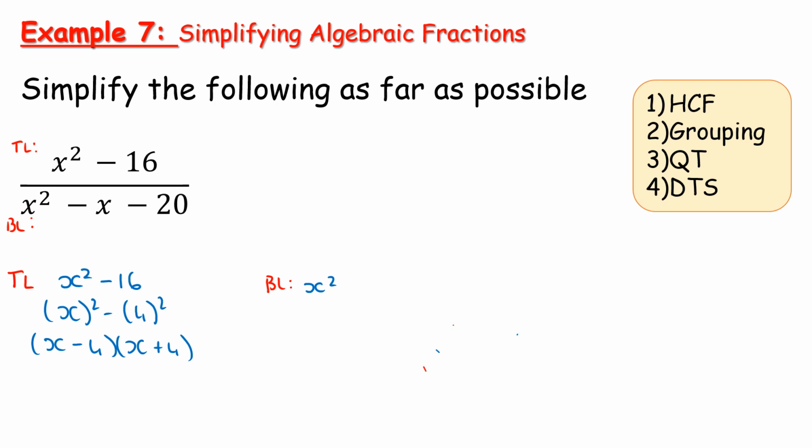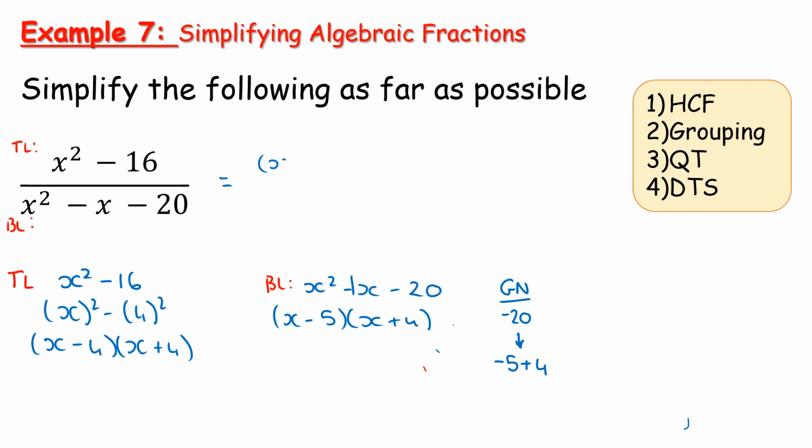I'm going to use my shortcut again. Minus 20. My guide number is minus 20. That means my signs are different. It's going to be minus 5 and a plus 4 because I want the middle one to be minus 1. So that gives me x minus 5 and an x plus 4.